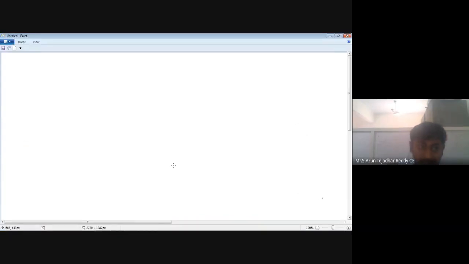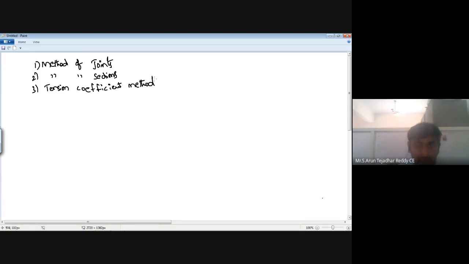See, in the first unit, we have three methods for finding the member forces. The first method is method of joints, and the second one is method of sections. Third one is, all of you open your notebook and write down tension coefficient method.